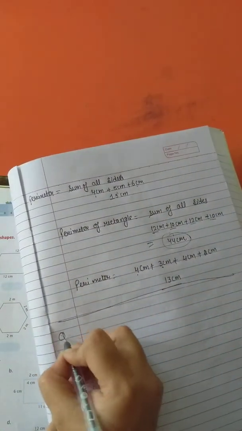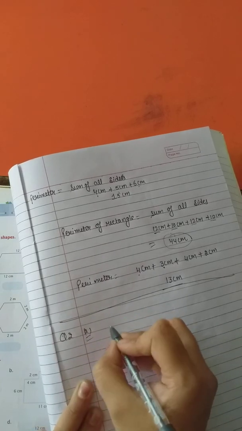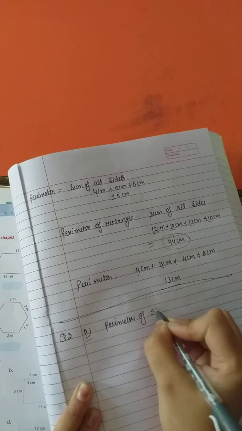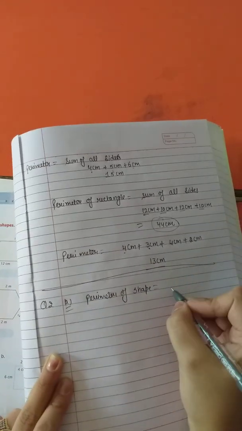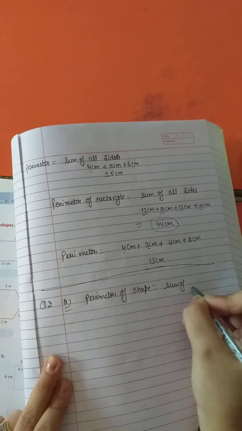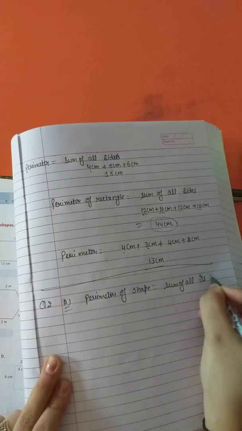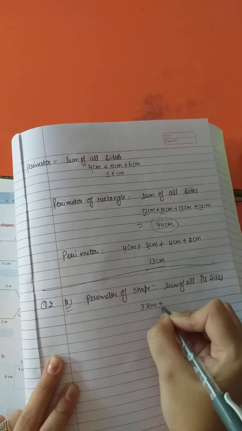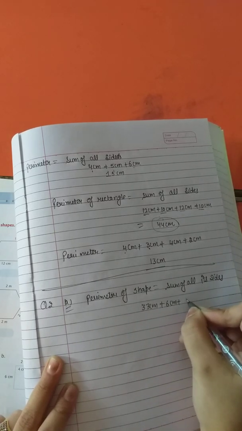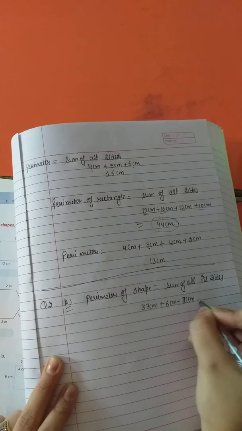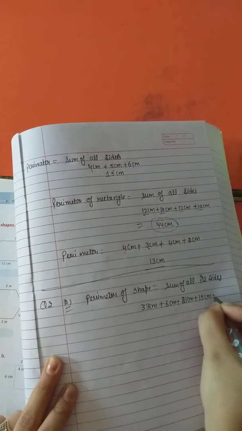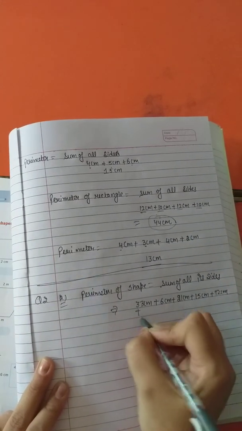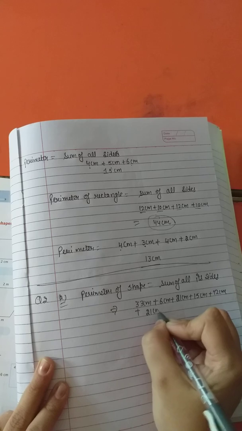So question number 2, A part, perimeter of the shape is equal to sum of all its sides. That means 33 centimeter plus 6 centimeter plus 21 centimeter plus 15 centimeter plus 12 centimeter plus 21 centimeter.